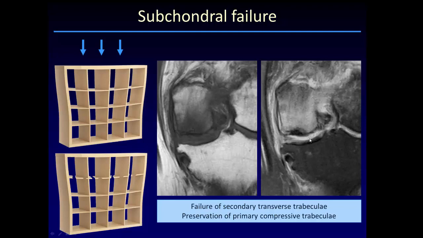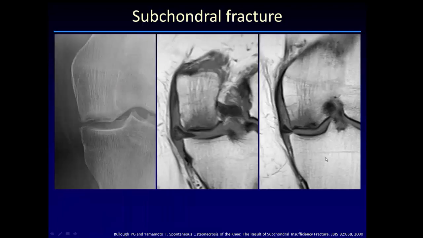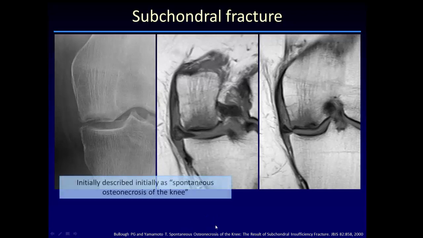And in fact, this particular entity of failure of the subchondral bone in patients with meniscal pathology was often referred to in the past as spontaneous osteonecrosis of the knee. We now know that spontaneous osteonecrosis of the knee is neither spontaneous nor is it primarily osteonecrosis, but that this is actually the result of an insufficiency fracture of the bone.